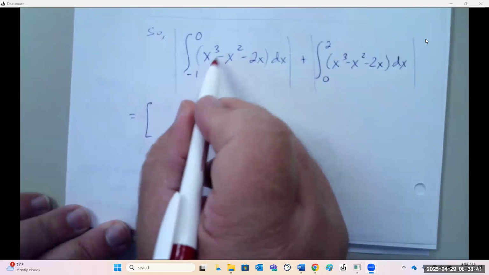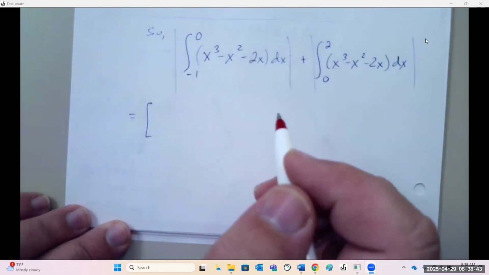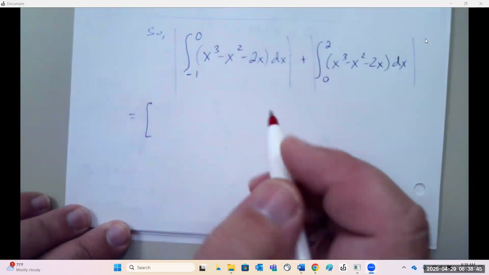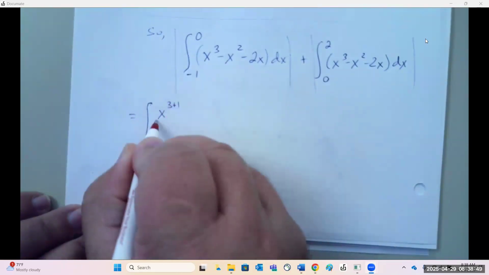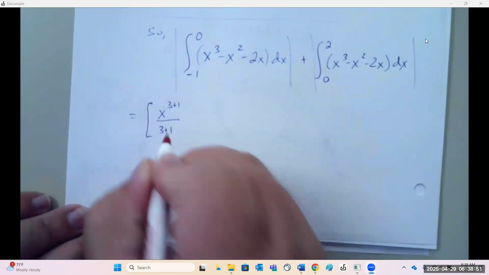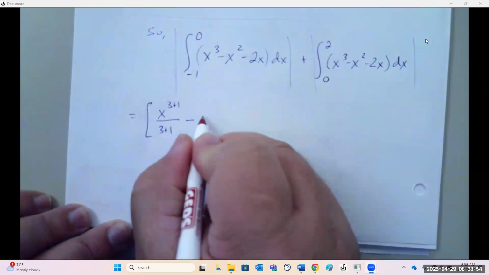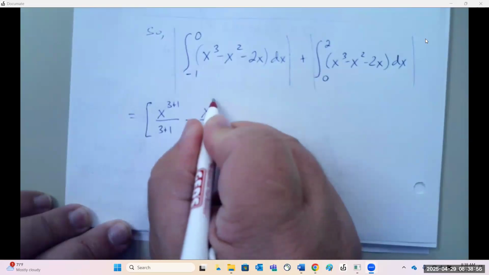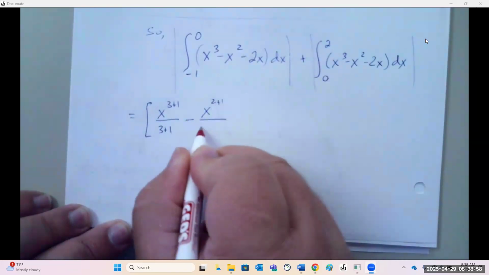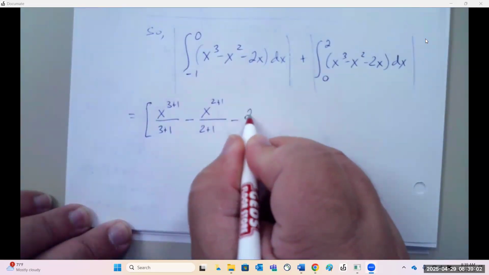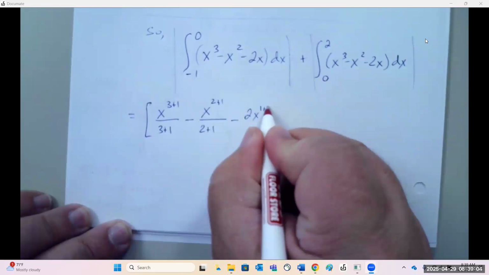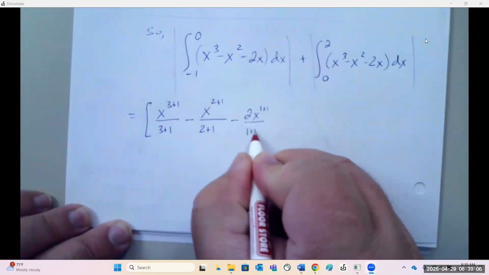Remember what the integral of x cubed is? Whatever the exponent is, add 1. Whatever that is, divide by the same thing. So x cubed becomes x to the 3 plus 1 over 3 plus 1, minus x to the 2 plus 1 over 2 plus 1, minus 2x to the 1 plus 1 over 1 plus 1.